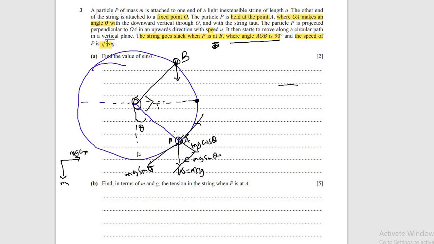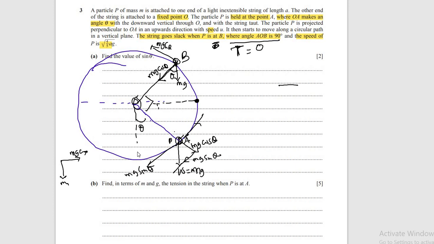So if this is mg sin theta, mg cos theta is there, and this is the weight mg, with theta in between them. At B, the question said the string goes slack, so tension is equal to 0.